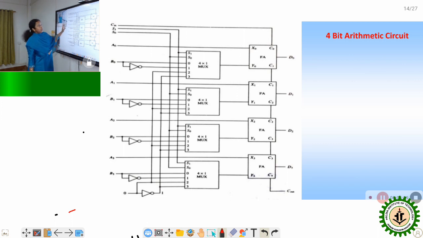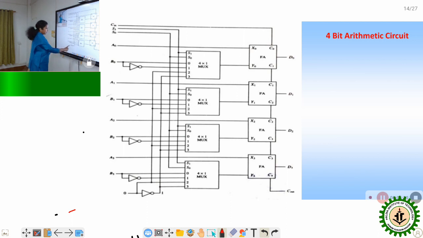And the B0 complement value is entered to the second input of the multiplexer. B1 complement is the second input of its 4:1 multiplexer. B2 complement is entered to the second input of its 4:1 multiplexer. B3 complement is entered to the second input of its 4:1 multiplexer.